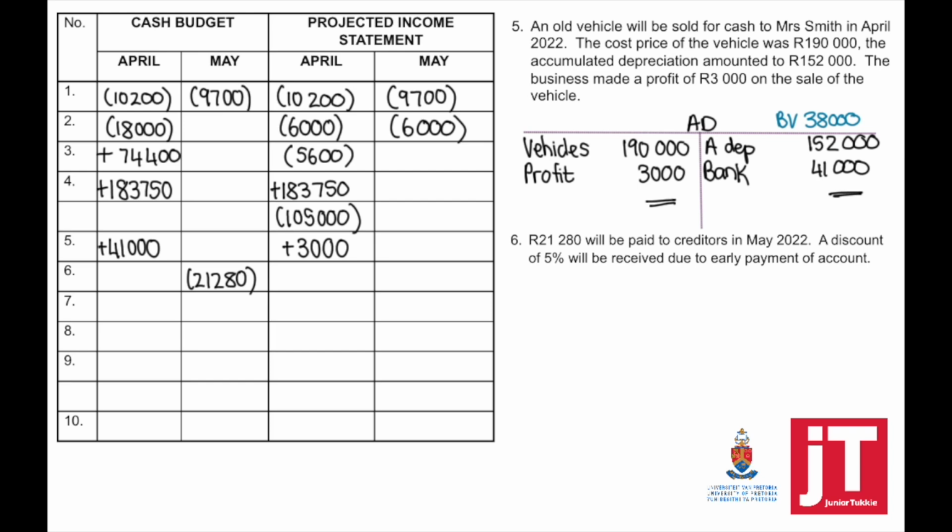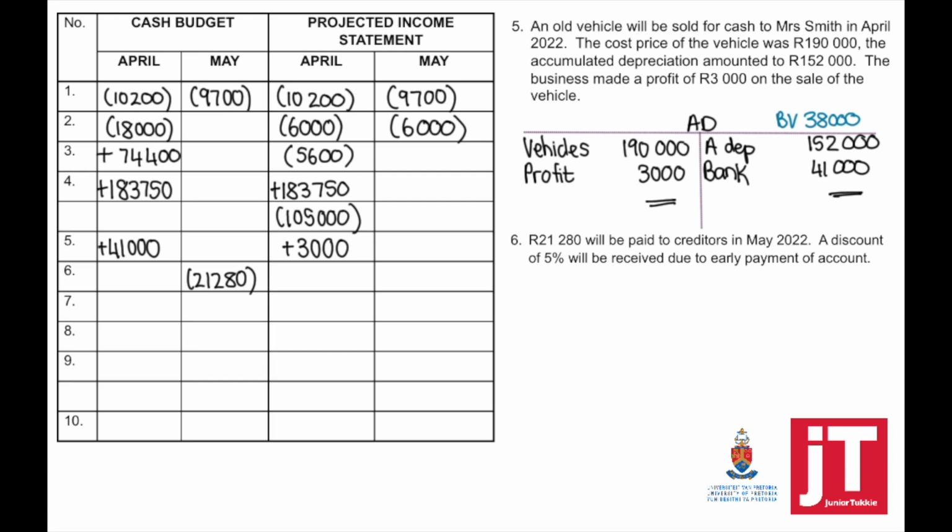Discount received is an income. Now, what makes this one more challenging than transaction number 3? In transaction number 3, they actually provided the total amount of outstanding balance. And then they said a percentage discount will be allowed to customers.